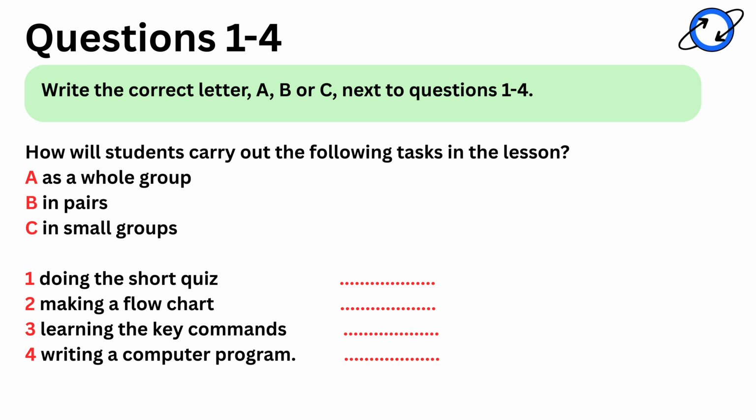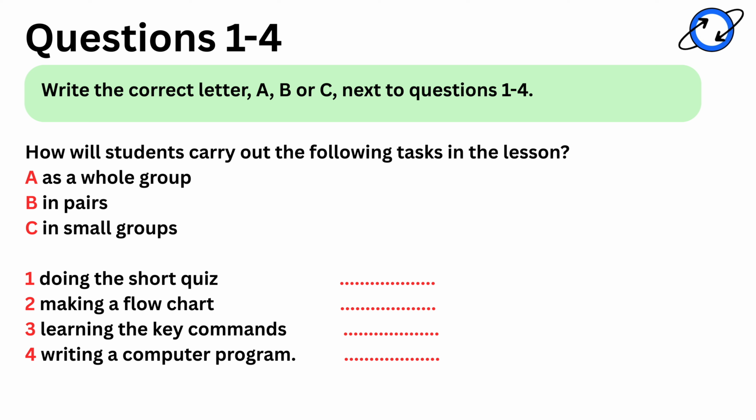I think the key thing is, though, that before they actually sit at their computers, and I think we should presume that they're doing this lesson in a computer room, they make a flow chart of what they want the program to do. That's usually the best way to start writing a program. This flow chart will show all the different stages of the computer program, right?